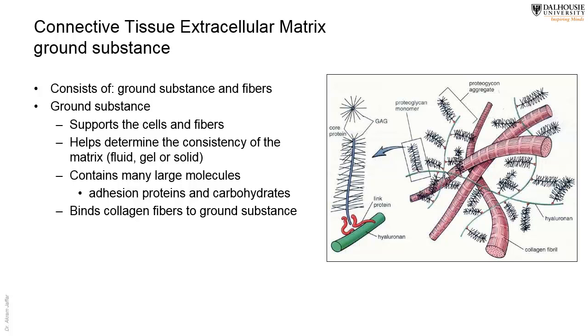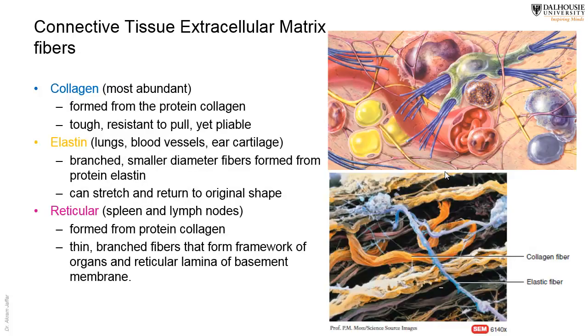For example, in the cartilage it is pliable, in the bone it is hard, in the blood it is fluid, and it is gel-like, for example, in the umbilical cord in the embryo, and so on. It contains very large molecules. Protein molecules and carbohydrates are present together, and they bind the cells and the collagen fibers. I'm not going to deal with the chemical constituents here. Probably you will find more details in your textbook, but the chemical constituents are not required from you.